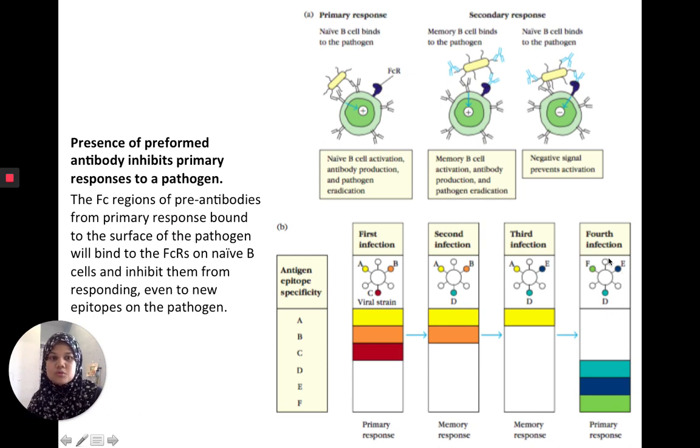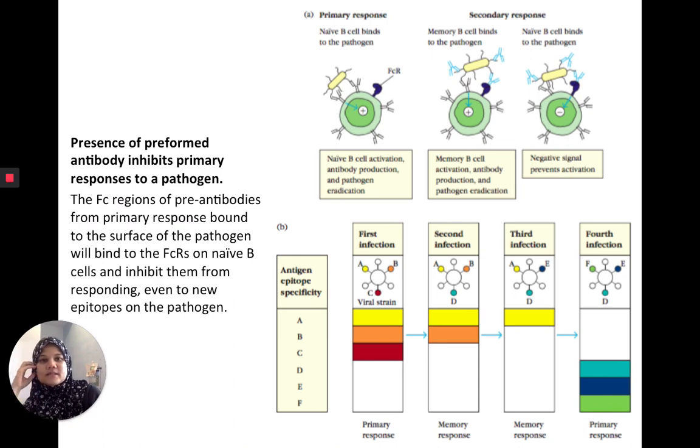So now you will mount a very big primary response. Yeah? And that's usually what gives you a bad case of flu, that fourth time. Because previously, you were ignoring things that were changing over time very slowly. And now when it comes, you're very shocked that, oh, you're so different now.